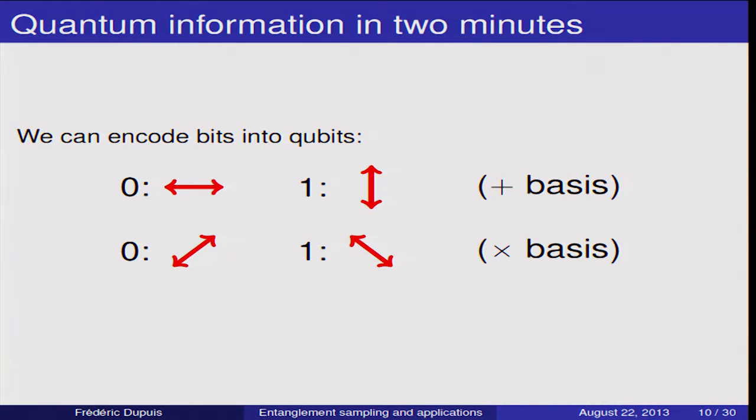So 0 is going to be diagonal in this way, and 1 is going to be diagonal in this way. Now, if we try to measure in the plus basis and we've encoded in the diagonal basis, then we'll get a random answer, and vice versa. And if we measure in the right basis, we get the right answer. So this is basically all you need to get the intuition for the protocol.